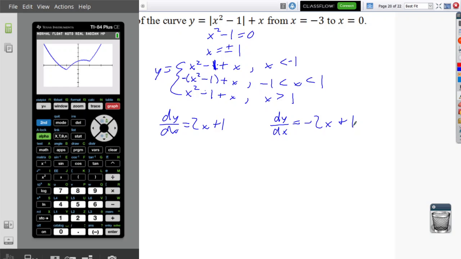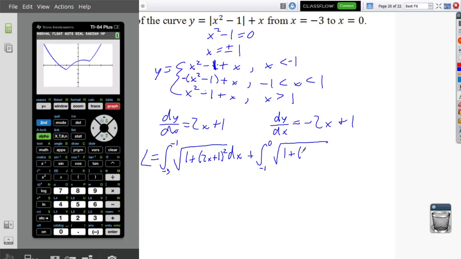And now we're going to set up two different integrals. The length is going to be the integral from -3 to -1 of the square root of 1 plus (2x plus 1) squared dx. And then we're going to add on to that the integral from -1 to 0 of the square root of 1 plus (-2x plus 1) squared dx.